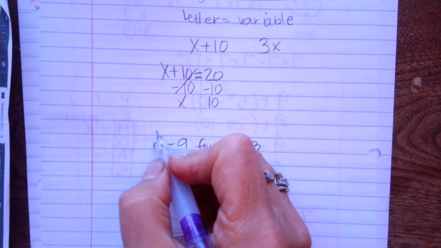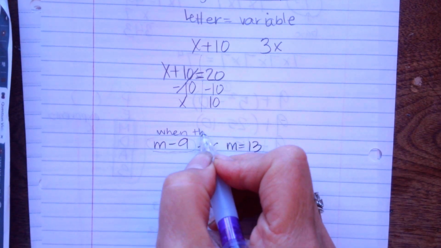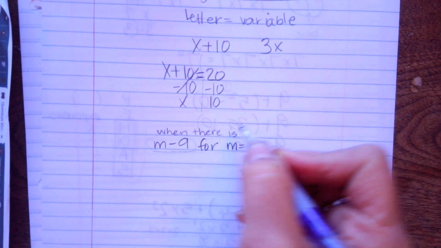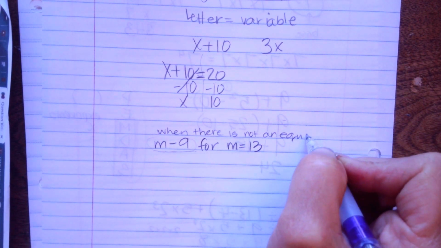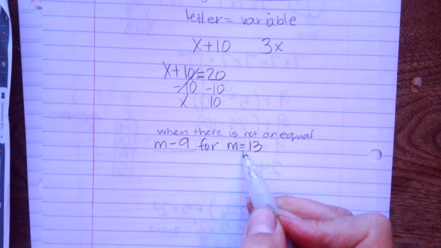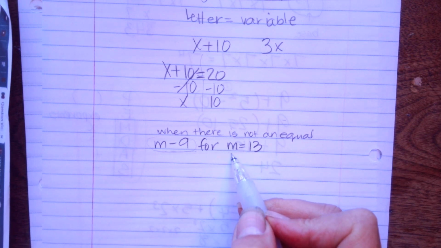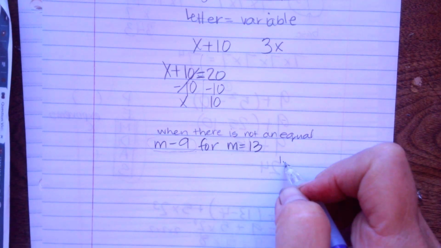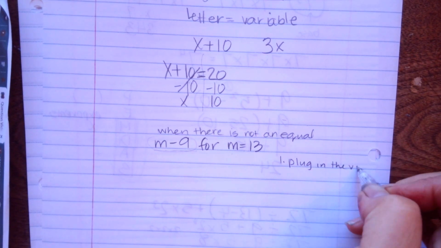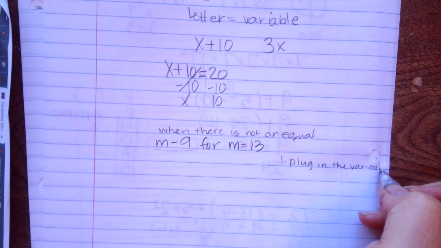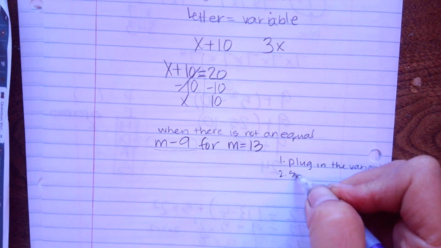So when there is no equal sign, and they tell you what the variable is, like in this example, all you have to do, step 1, plug in the variable, and then step 2, solve the equation.